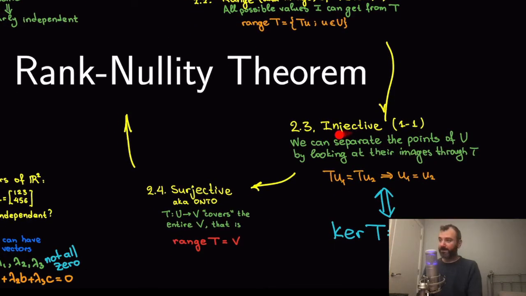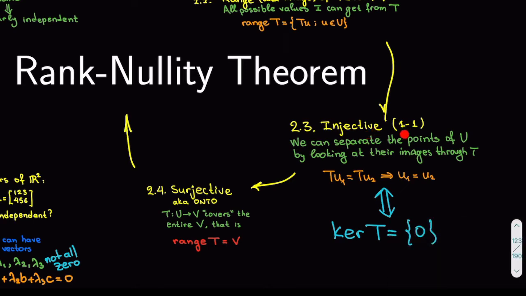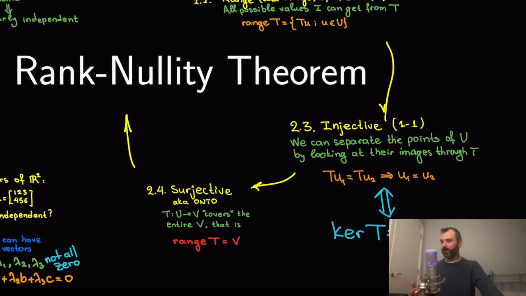The definition of injectivity is very important. So what is an injective map, also known as one-to-one? A linear map T is injective if we can use it to separate the points of the set U by looking at the images through T. To put it differently, because I like to explain things in different ways, another way to say exactly the same thing is that if T of U1 is equal to T of U2, then U1 is equal to U2.